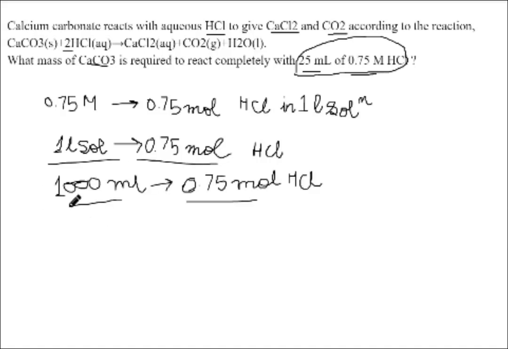So you can say that 1000 ml of the solution will contain 0.75 moles of HCl. So that means the volume that you have already been provided, which is 25 ml of the solution, will comprise of 0.75 divided by 1000 into 25 moles of hydrochloric acid. By simple unitary method, if you calculate, it will come out to be 0.018 moles of HCl.